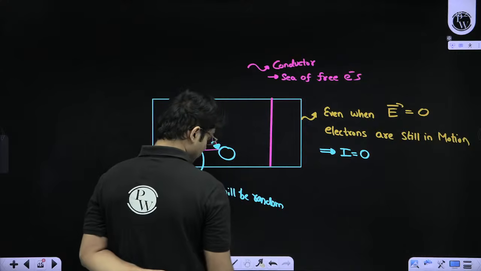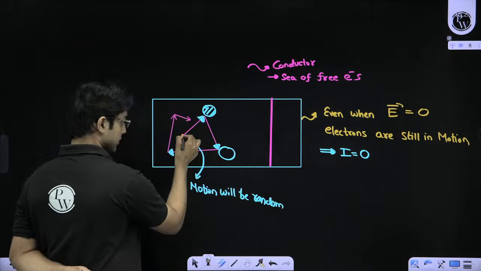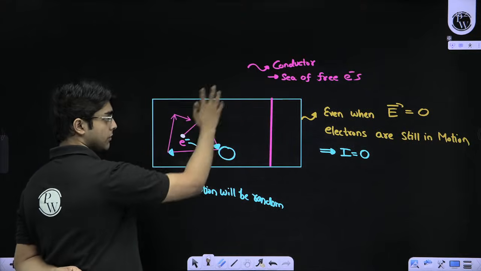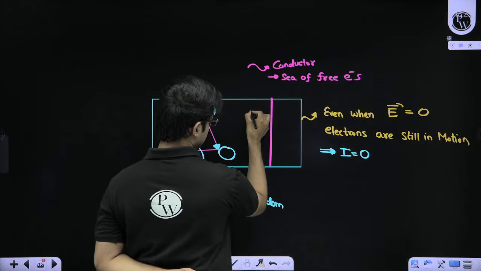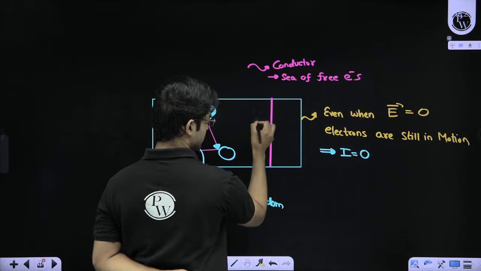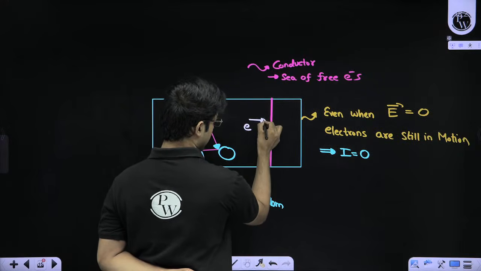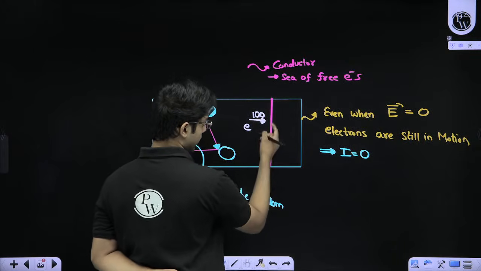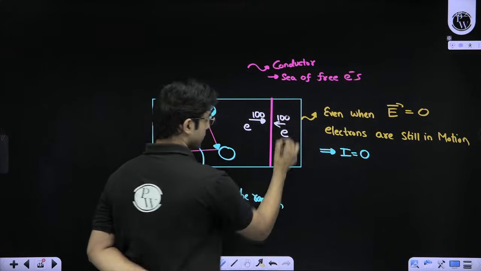There is not just one electron here. I just drew the diagram for one electron, but there are millions and millions of electrons. Let's take a simple example: at any given instant, there are 100 electrons moving to the right, and 100 electrons moving to the left, because it is very random.